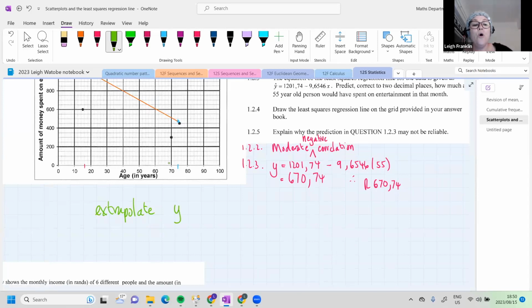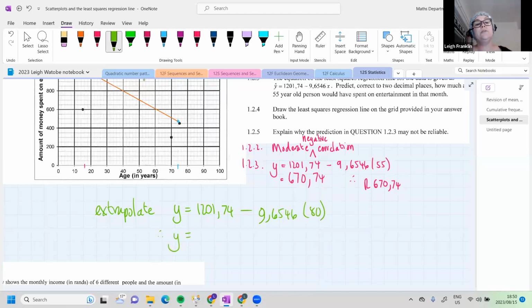I could then go y equals 120,174, oh, not plus, it's minus, it's not 0, it's 9,6546 times 80. Sorry, guys. Then I am extrapolating.